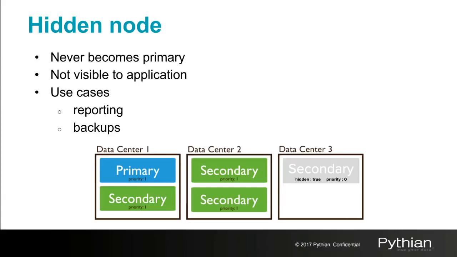So we should be cautious while setting hidden nodes. Hidden nodes will also never become primary because the priority of a hidden node is 0. Mainly the use case for hidden nodes is that the application will not see them, but we can query them manually by running reporting or backup jobs on those nodes.